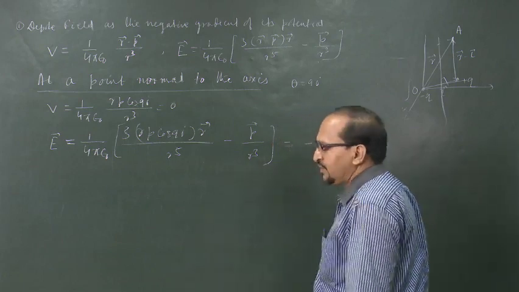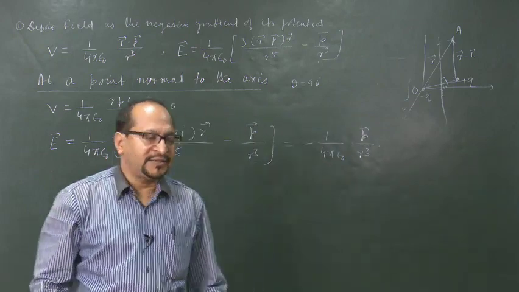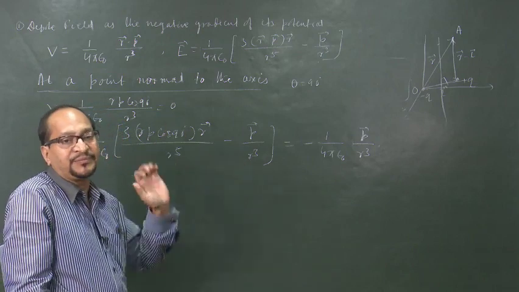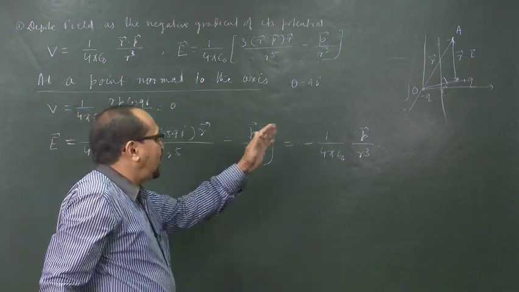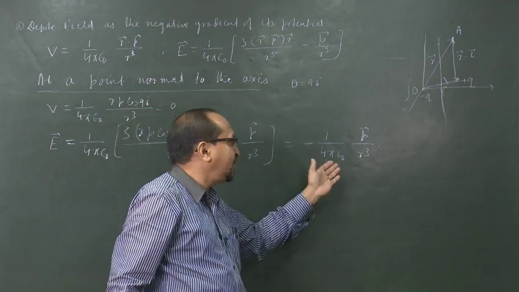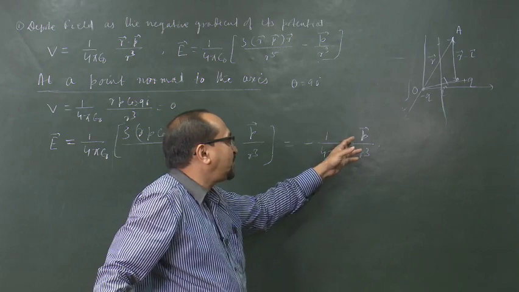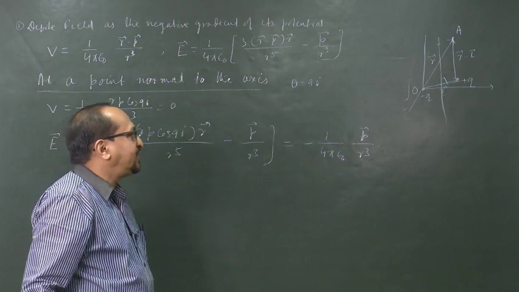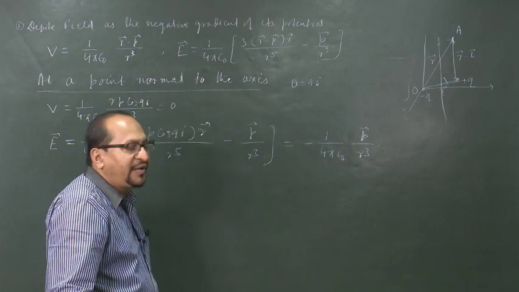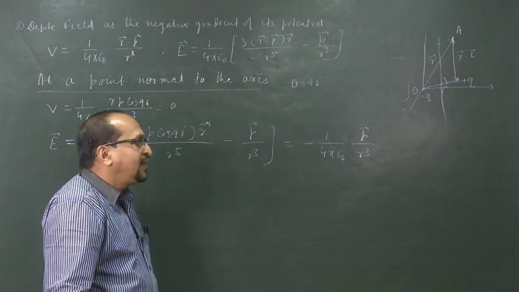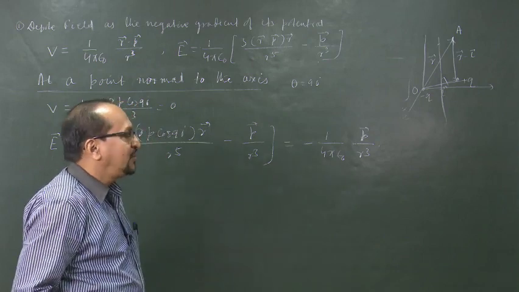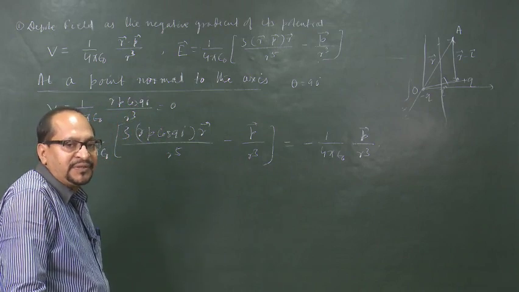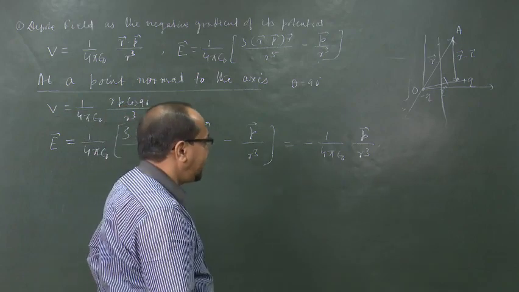Okay. So, field at an equatorial point has a direction opposite to the dipole moment, and its magnitude is half that of the axial point, because just now we have derived that at an axial point field is 1 by 4 pi epsilon naught 2 p by r cube, while here it is 1 by 4 pi epsilon naught p by r cube. Therefore, the field at the broadside end position, or we call it equatorial point, is always half that of its value at an axial point.